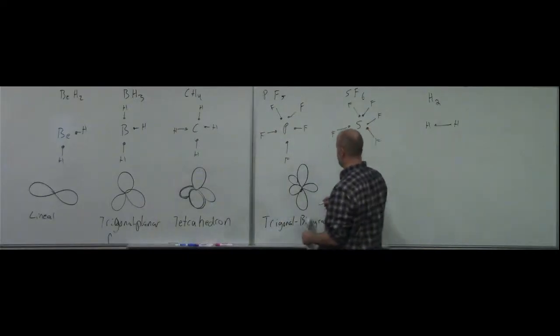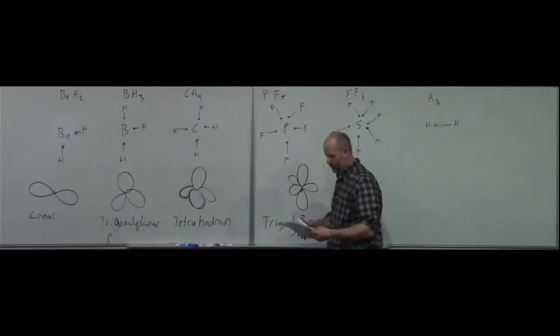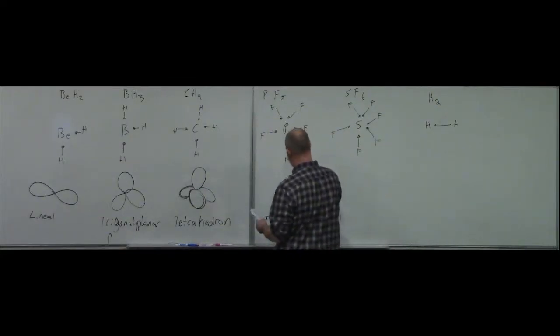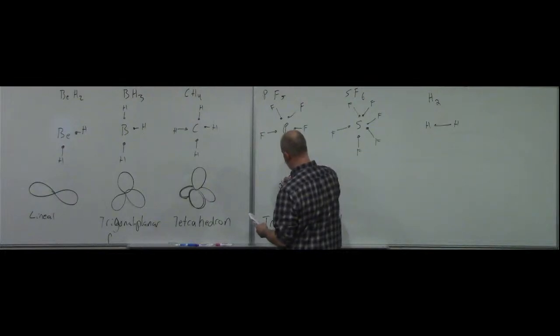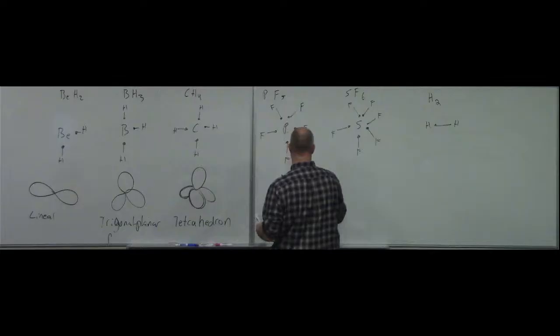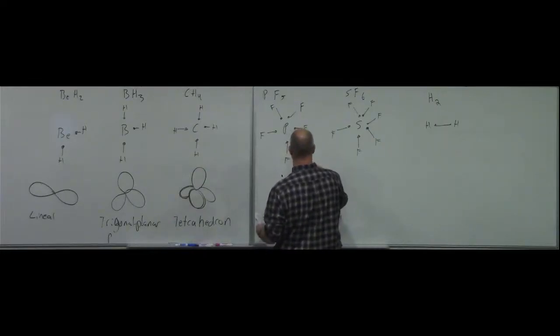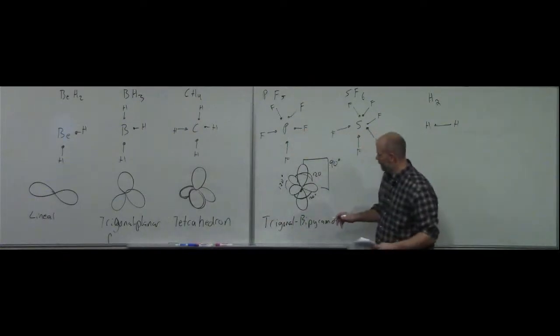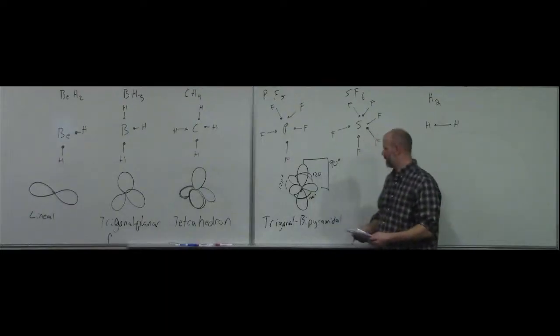Okay. That's a terrible drawing. The idea is you're about 120 degrees away here, about 120 degrees away here, about 120 degrees away here. But between this one and these, you're 90 degrees away. Right? That is just an awful drawing.